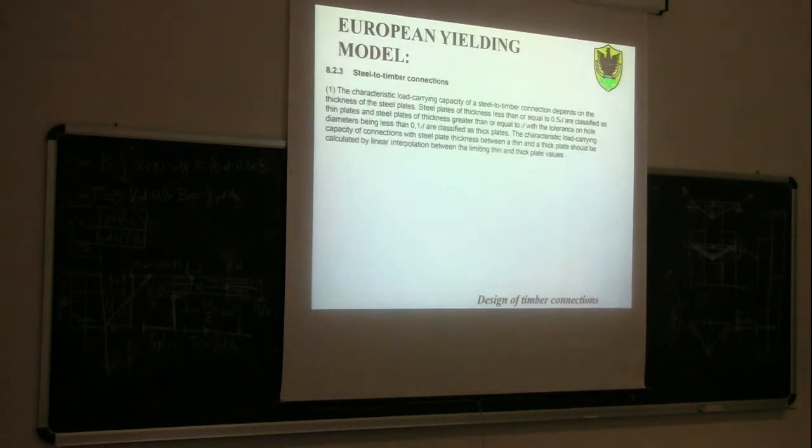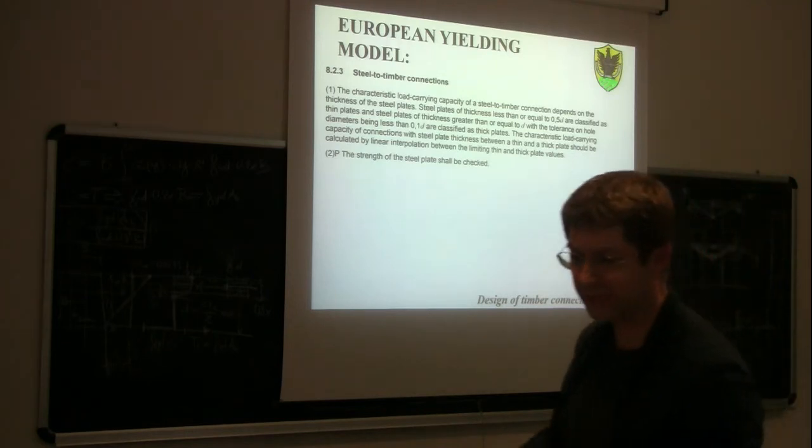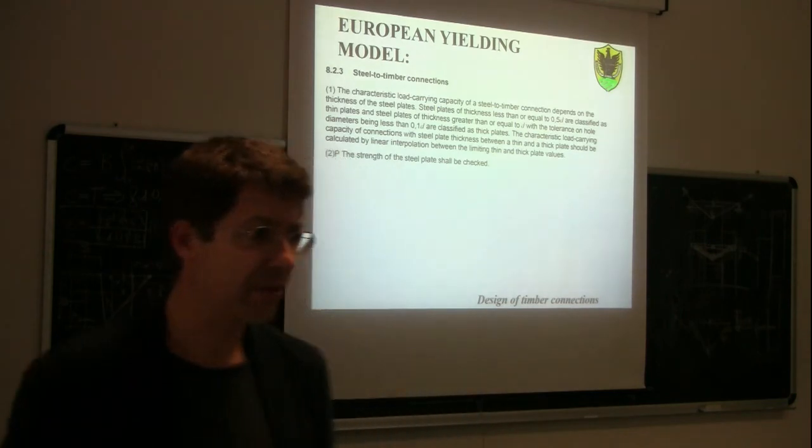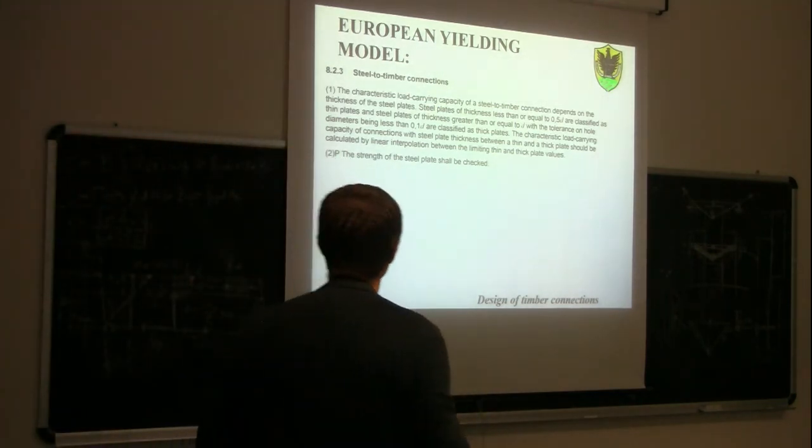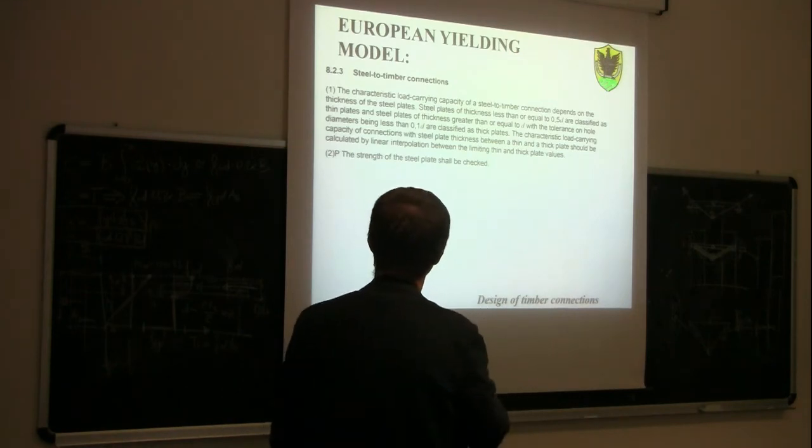Okay, then of course, when designing timber structures, after timber to timber connections, we very often also have steel to timber connections, because very often it's very convenient, in order to reduce the size of our members, to use steel plates rather than timber plates. So, steel to timber connections, have a look at the regulation.